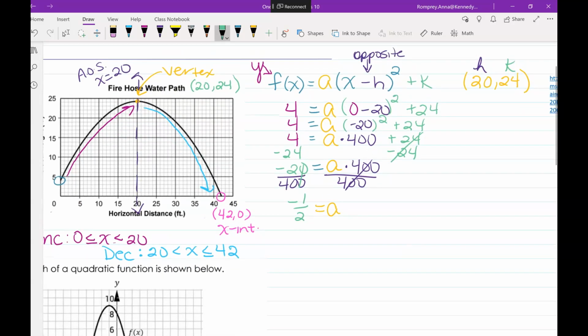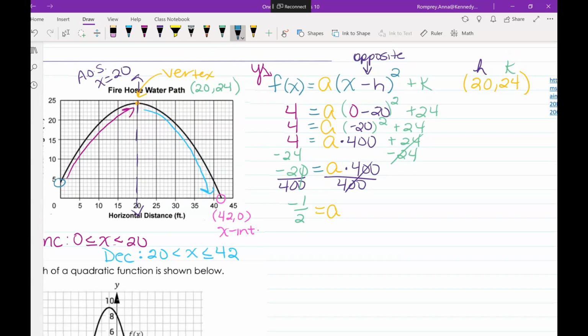Okay, so to put it in vertex form, f of x equals, we found our a term is negative 1/20. And x, and again, we already know our vertex, so x minus 20 squared plus 24.